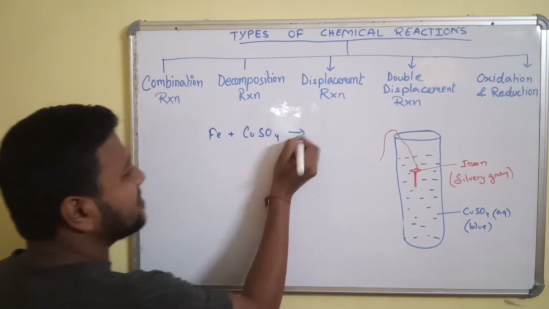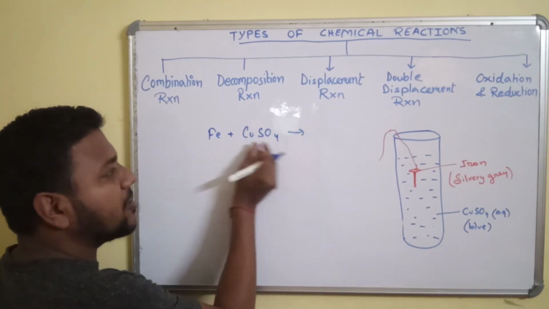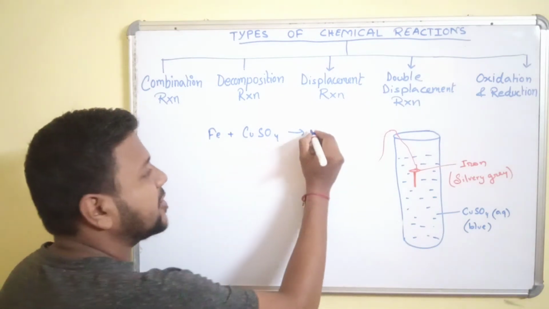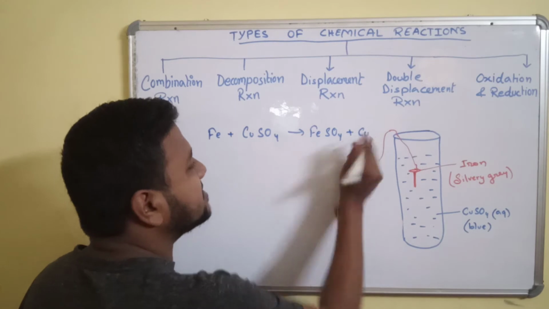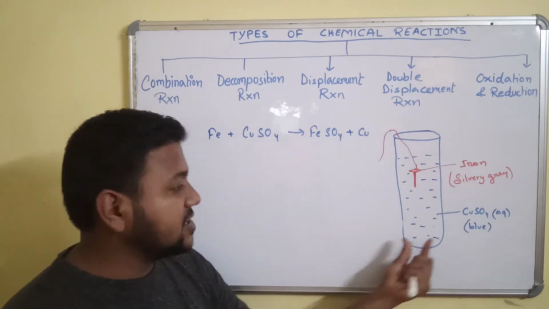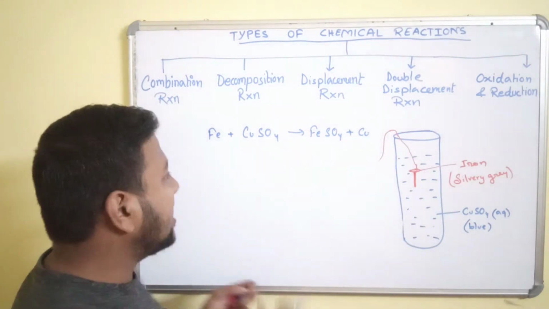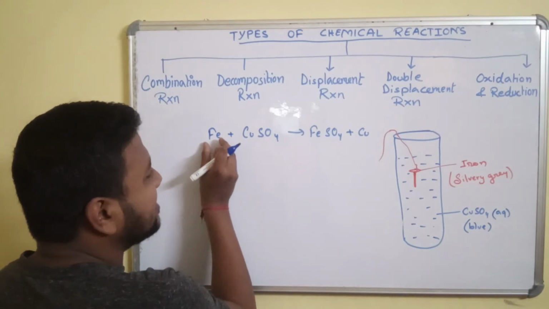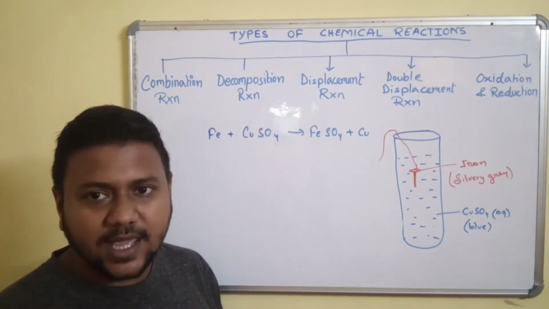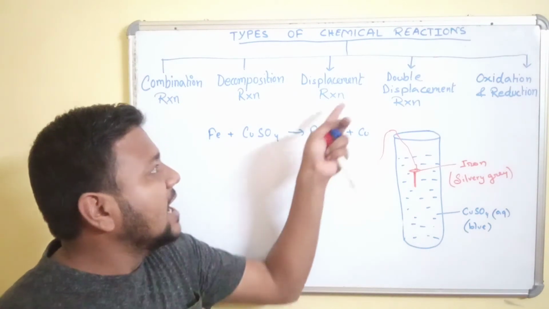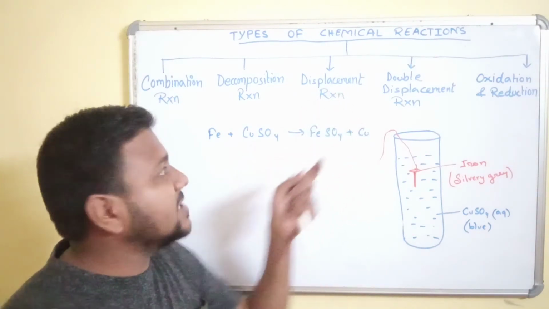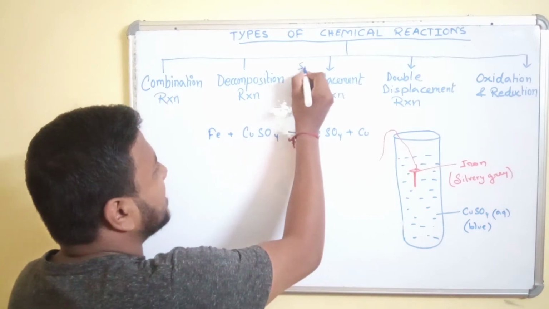The iron displaces the copper from the copper sulfate and produces FeSO4, and the copper is displaced out of the solution. So here a single iron is displacing the copper. This kind of reaction, where we see a single replacement, is called a displacement reaction, or a simple displacement reaction.